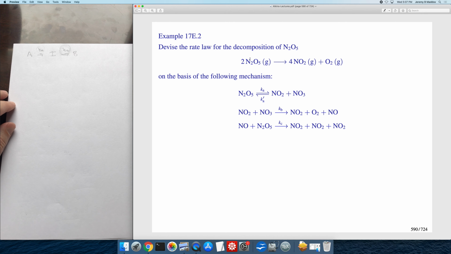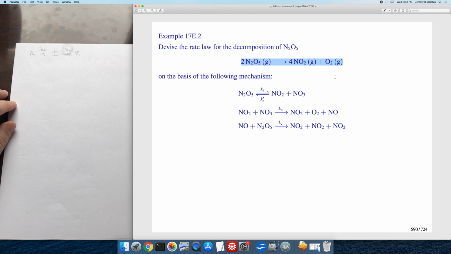And then this is the overall stoichiometric reaction. Incidentally, I want to point out that if you have the correct mechanism for a reaction, you should be able to add all of these steps together. The intermediates will cancel out, and it's going to give you the stoichiometric reaction.